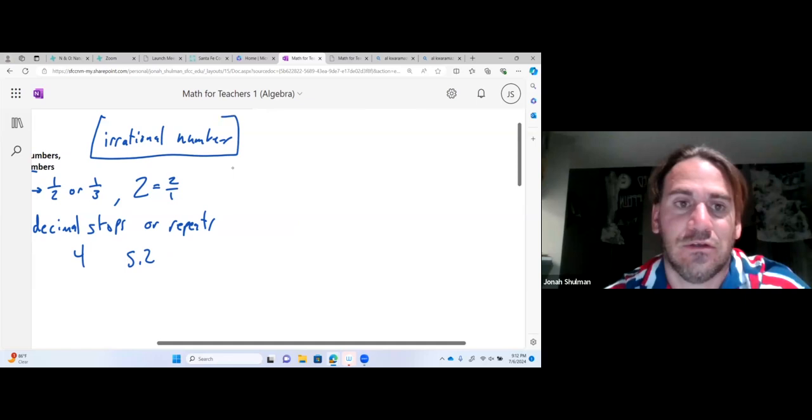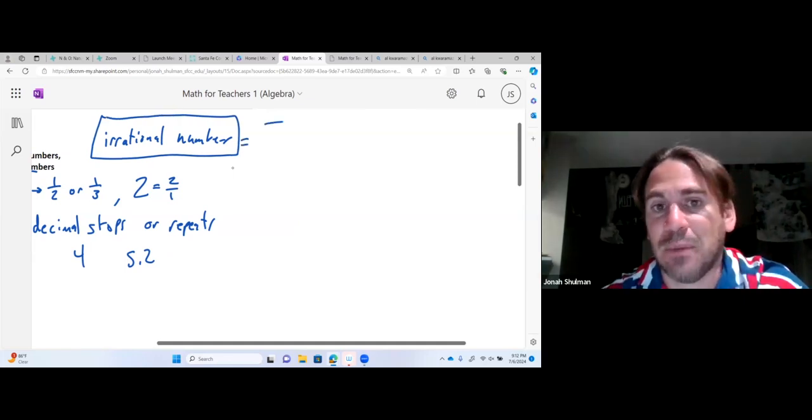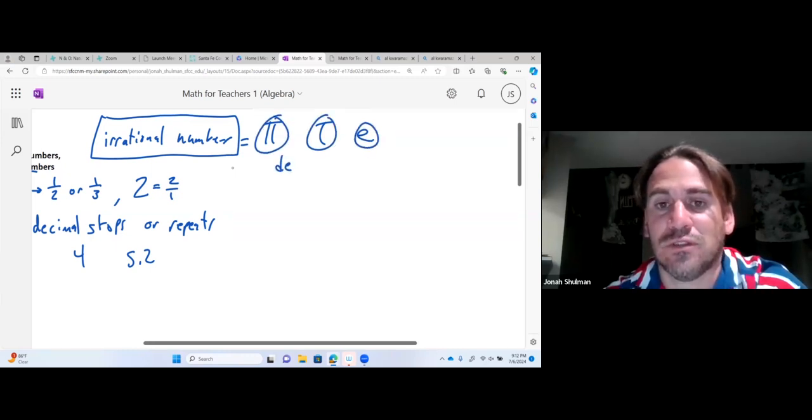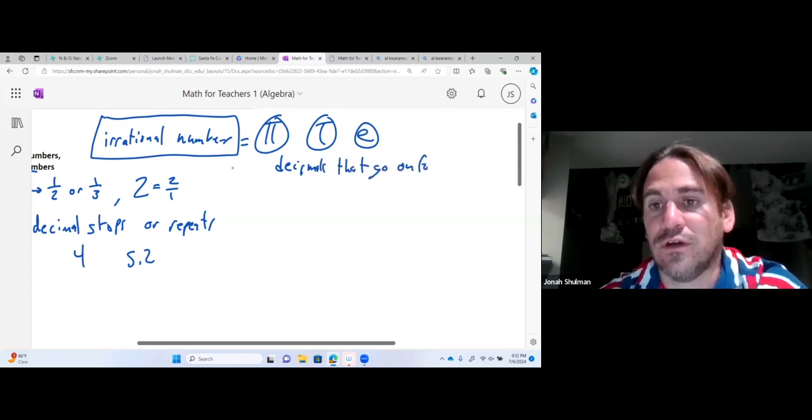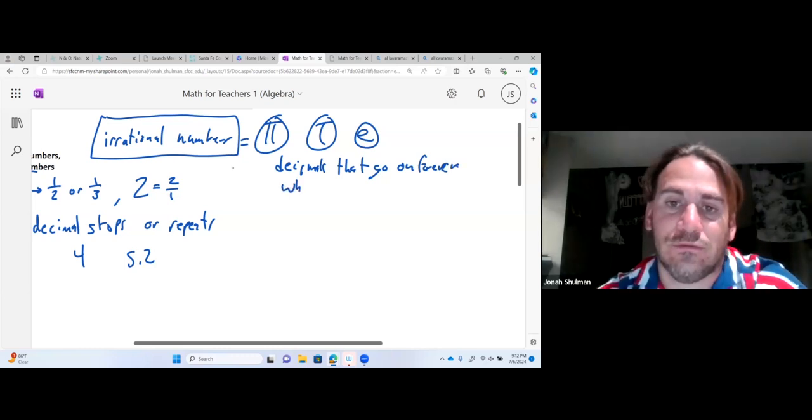You might think, well, irrational is something like pi, or something like tau, or something like Euler's number. These are basically decimals that go on forever with no repetition.